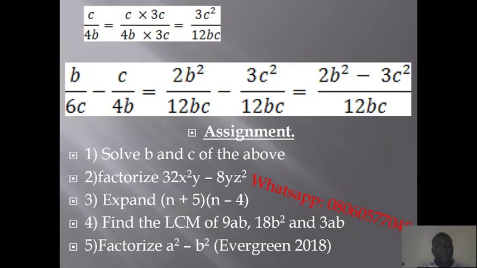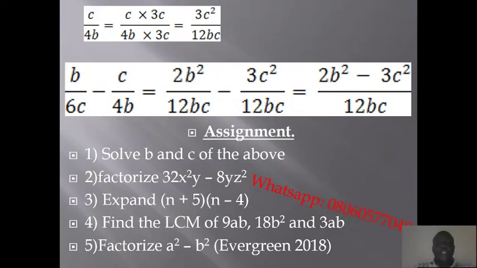That simply means I am to carry out the operation using the equivalent fractions, abandoning the normal fractions. Instead of writing b over 6c, I'm using 2b squared all over 12bc. Then minus, instead of writing c over 4b, I'm writing 3c squared all over 12bc.